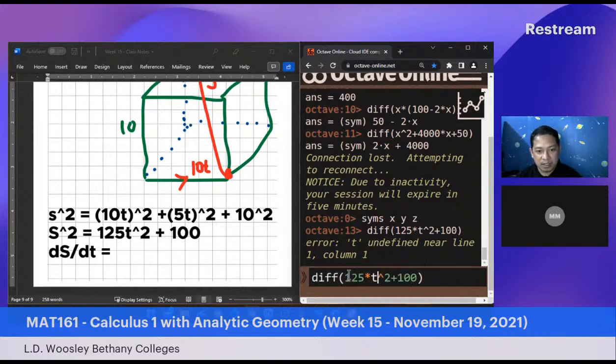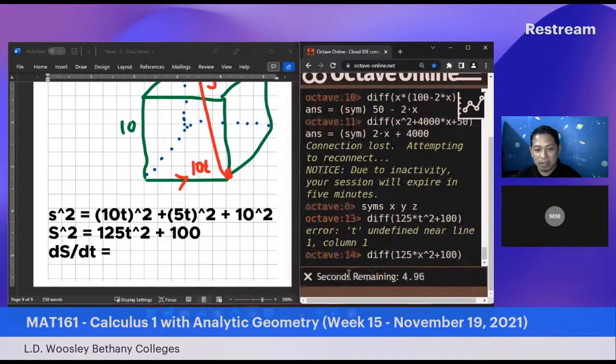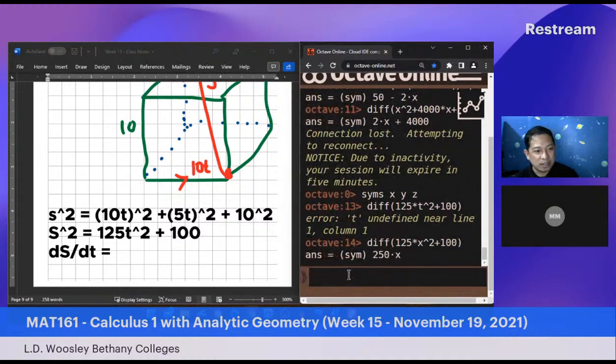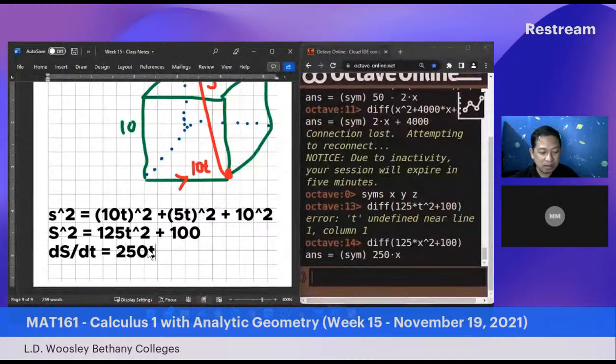Let's use x, since we didn't define it. 250x. Right? Is that right, Micaela? 250t. Yes po. Okay, 250t. Wait a minute.